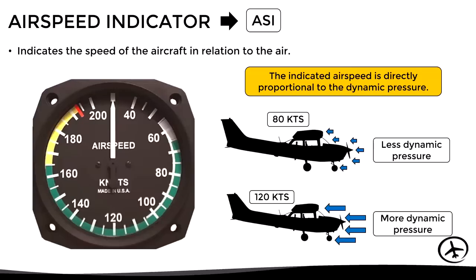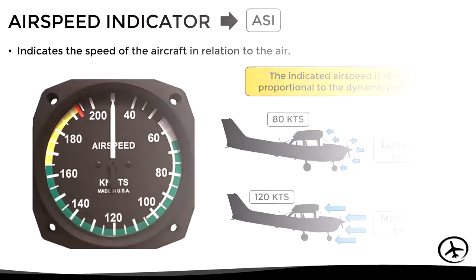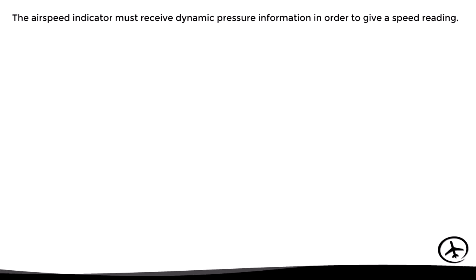We can say in other words that the airspeed indicator is actually a dynamic pressure gauge that is calibrated to indicate airspeed. This way, if the aircraft experiences a high dynamic pressure, this will be interpreted as a high speed, and vice versa. Having seen this, it is clear that the airspeed indicator needs the information of dynamic pressure in order to indicate airspeed.